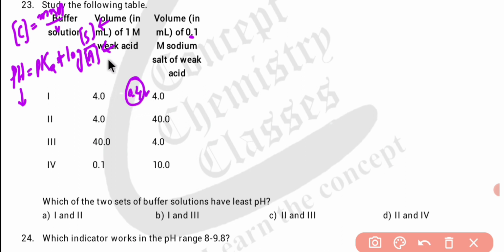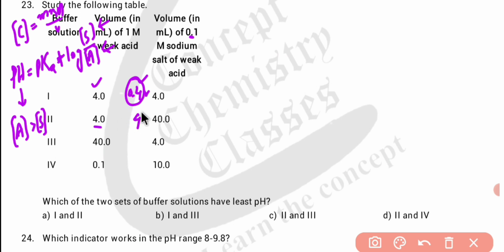So here we must choose the option in which acid has more concentration than salt. Here the acid has more concentration than salt. In the second buffer solution, millimole of the acid is 4 and millimole of the salt is 40 into 0.1, that is 4.